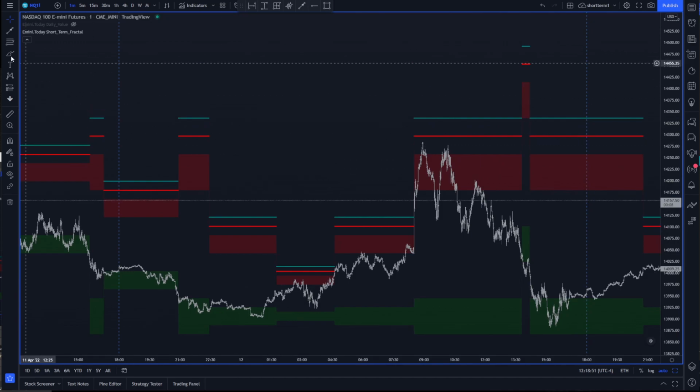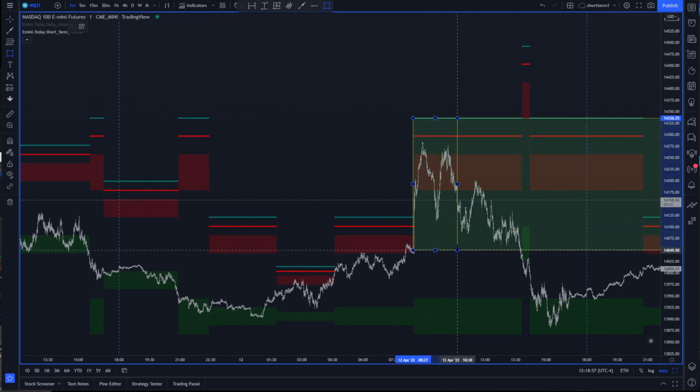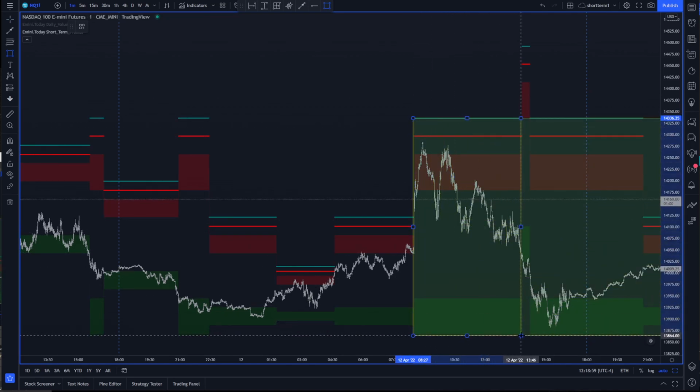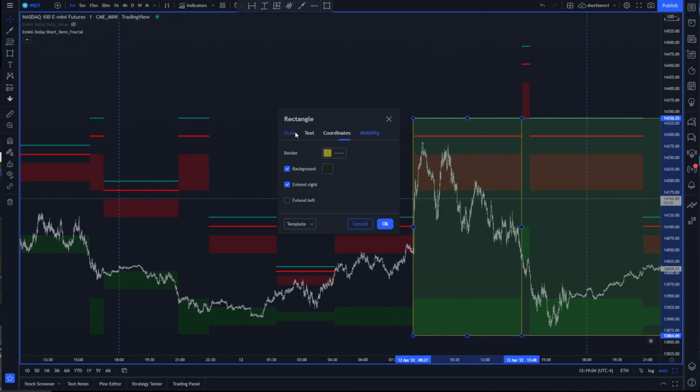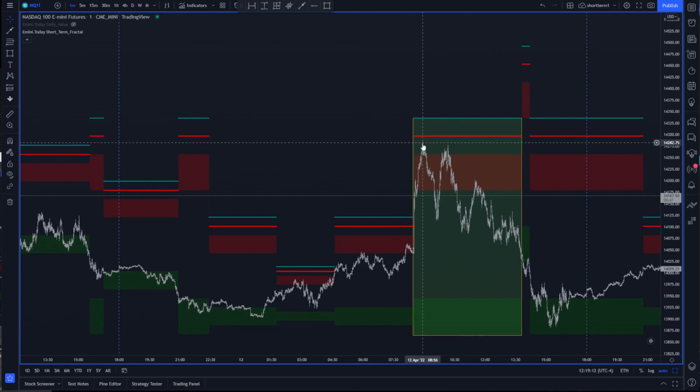So the thing that I'm referring to is the extend right style. This is the fractal that you are trading, right? This one here. So you entered here. This is your target zone, right? This is your target.